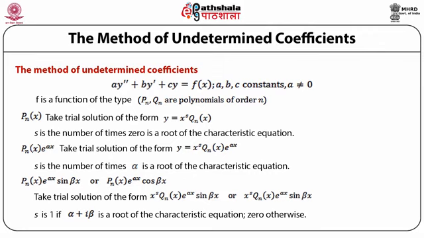In this case, we take the trial solution of the form x raised to power s Qn(x) into e raised to power alpha x into sine of beta x, or x raised to power s Qn(x) into e raised to power alpha x into cos of beta x. s is 1 if alpha plus i beta is a root of the characteristic equation and is 0 otherwise.